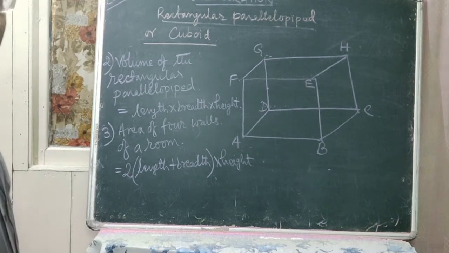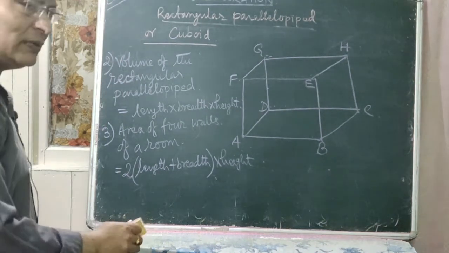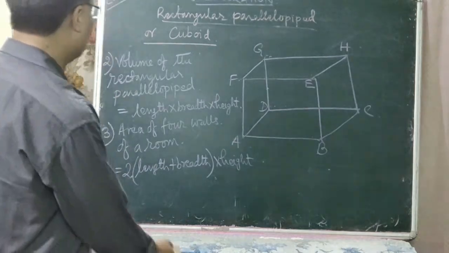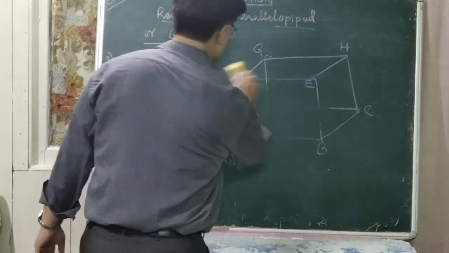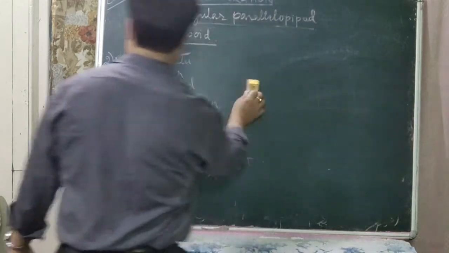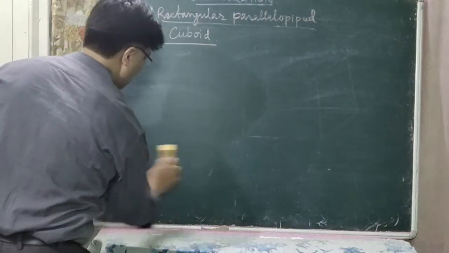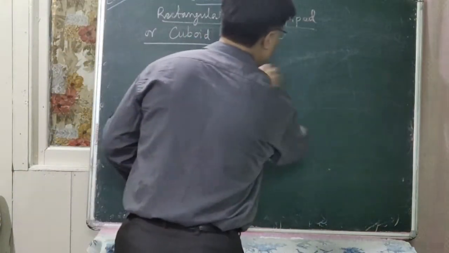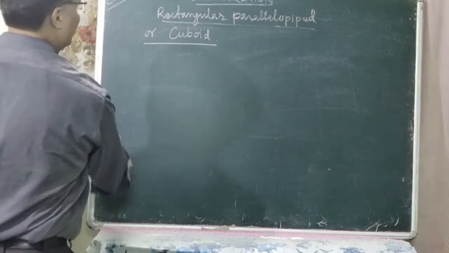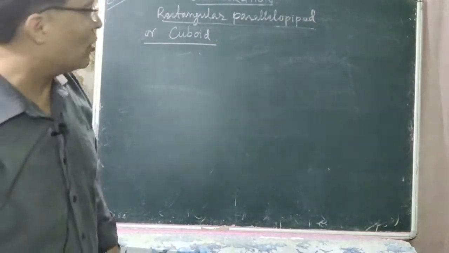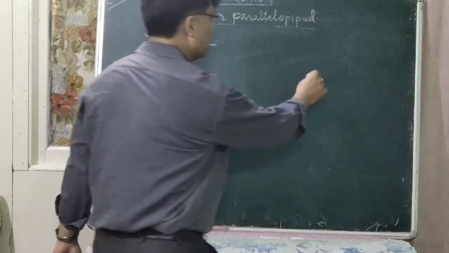So let us find out the length of the diagonal of the rectangular parallelepiped. Okay, so let us draw a rectangular parallelepiped again and we have to find out the length of the diagonal of the rectangular parallelepiped.